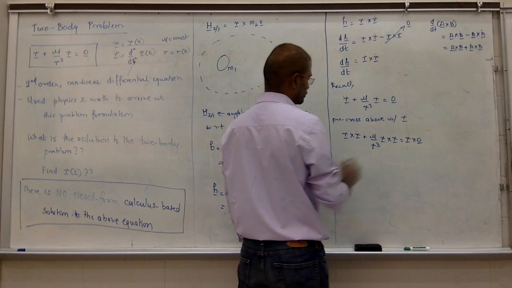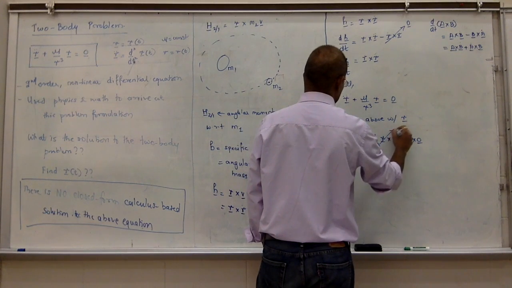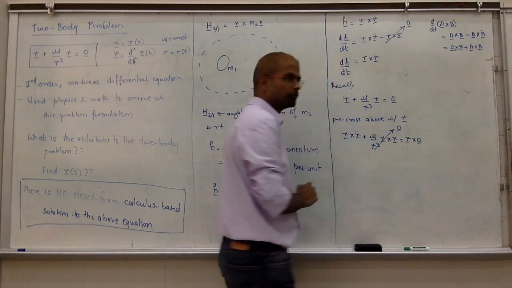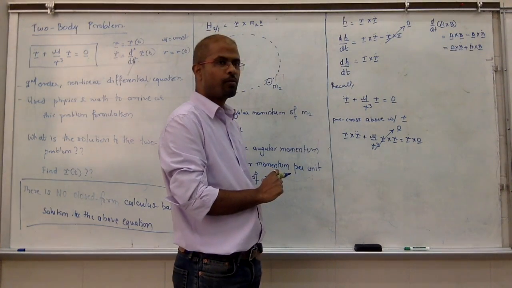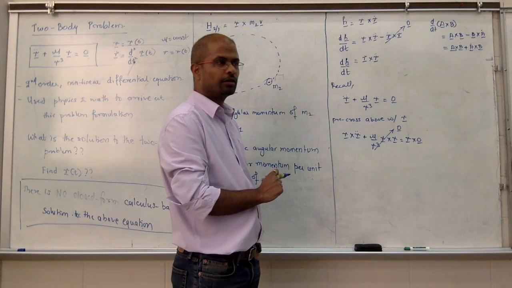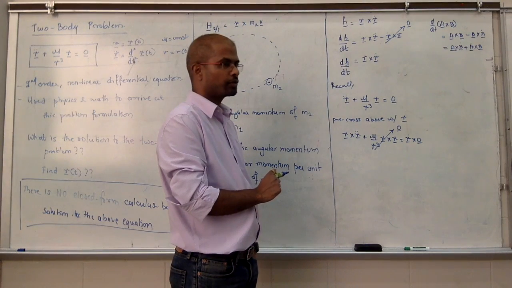This term is again 0. Why is that 0? Because you cross the vector with itself. A vector crossed with itself is 0.